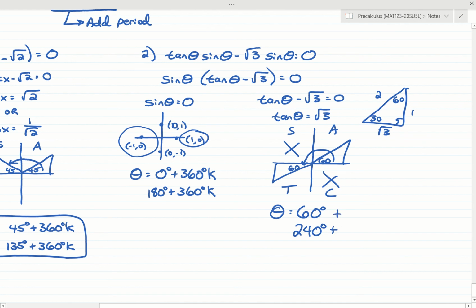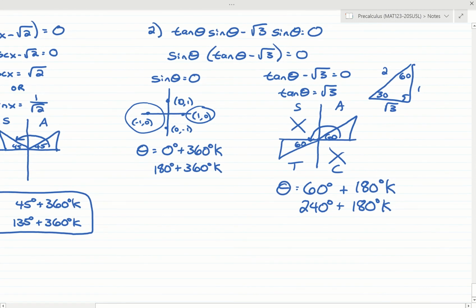Now just be careful, what's the period of tangent? It's 180, right? So technically we don't even have to write the 240 because 60 degrees plus 180 is 240. Generally I do, it's redundant, but the technically correct answers would be this.